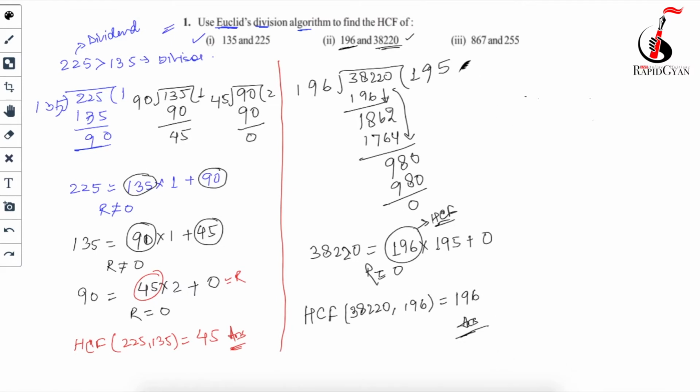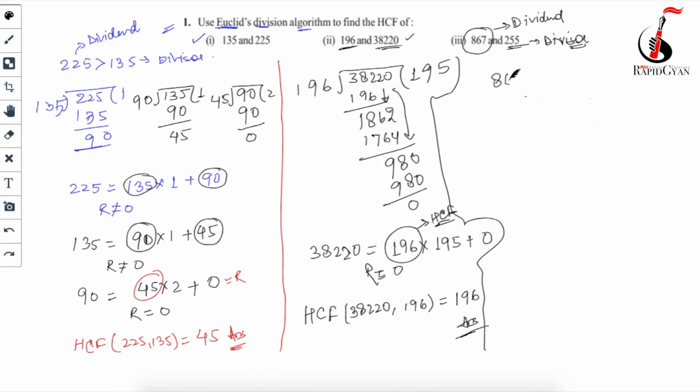Right, so let's start with the third part of this question, which is 867 and 255. You can clearly see that 867 is the bigger number, so it will become your dividend, and this one will become your divisor.